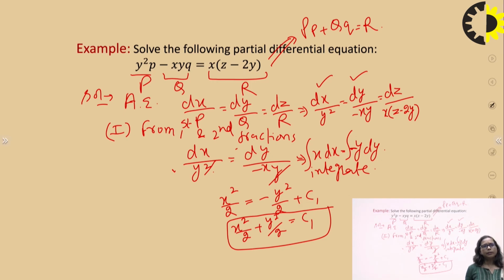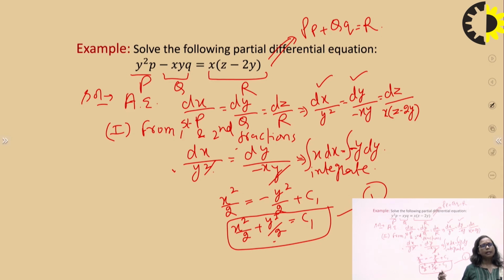In some books, this constant c1 is also taken as c1 by 2 such that the 2 will cancel out from each term, giving you the solution x square plus y square equal to c1. But it's okay, you can leave it in this form also. This is the first independent solution: x square by 2 plus y square by 2 equal to c1.